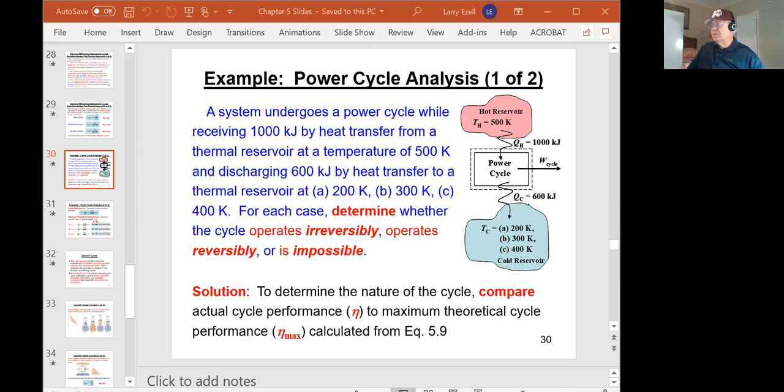So usually I draw, they're simple. This would be the TH. This would be the TC. You have a cycle operating in this square here. Then you have your heat flows.